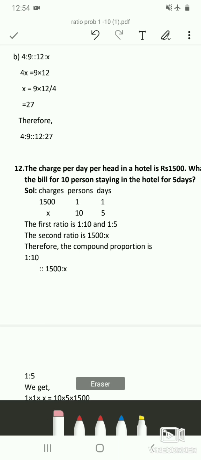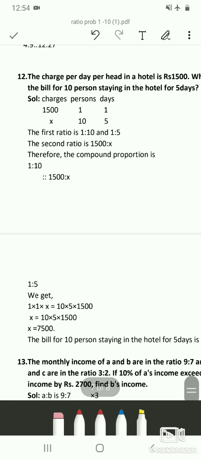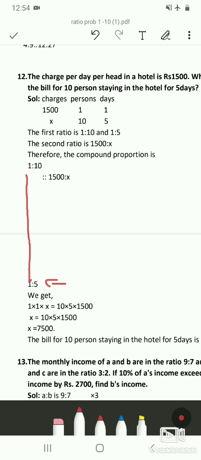Therefore, the first ratio, that is 1:10, as 1500:x, and the third ratio is 1:5. We had seen in the previous class how to simplify compound proportion. Similarly, try to solve this problem, that is A into C is 1 into 1 into y. Here y is your x.